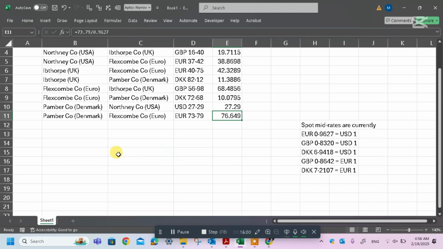Now we'll make a table. How do we make a table? Let me erase this, I don't need this now.